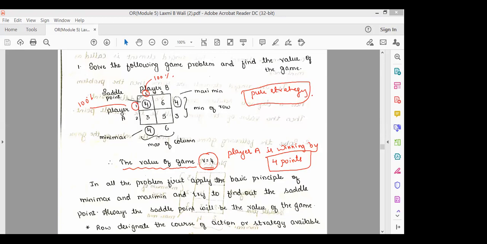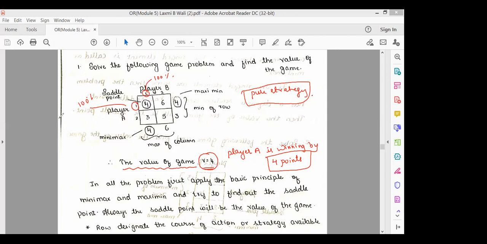It means player A was knowing exactly. The situation was deterministic here. When the situation is deterministic, we call that strategy a pure strategy. Player A knows that player B is going to use only one strategy. So both are using only single strategies.